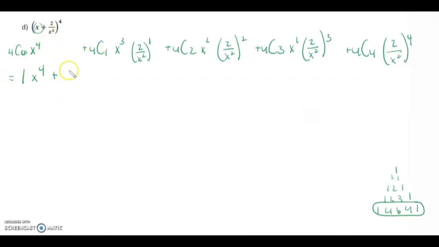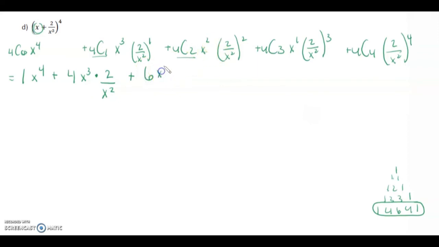Now we're going to go 4. So 4 choose 1 is 4. I'm going to leave x cubed as it is. That's what's really nice about this: x cubed is just going to be x cubed. Now this is going to be multiplied by 2 and then divided by x squared. Then we have 6, so 4 choose 2 is 6.